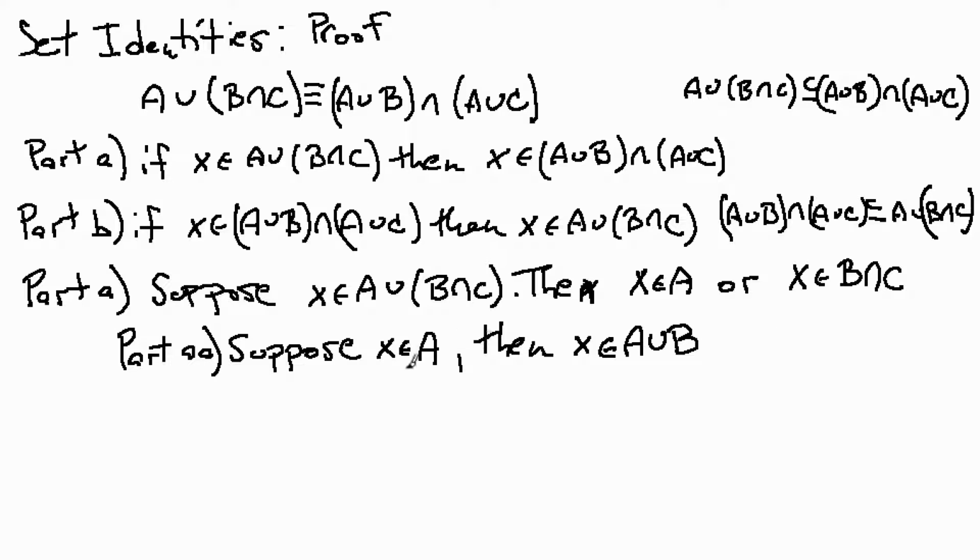It's pretty obvious. If X is an A, then X is certainly an A union B. No problem there.